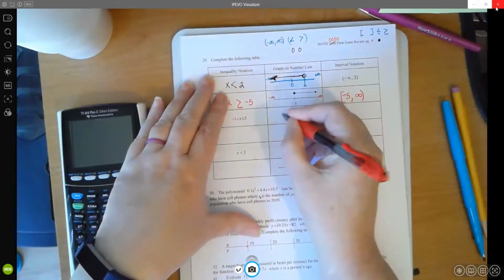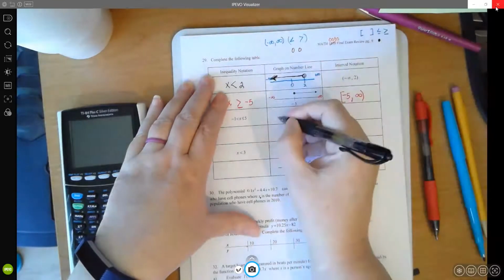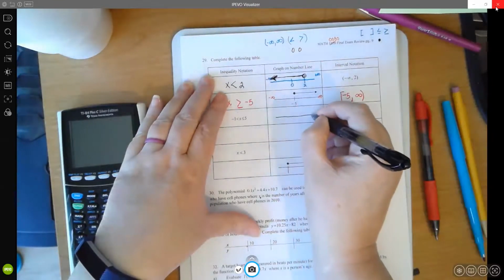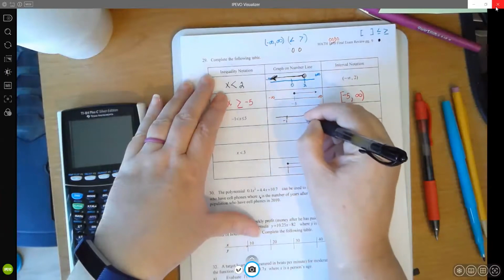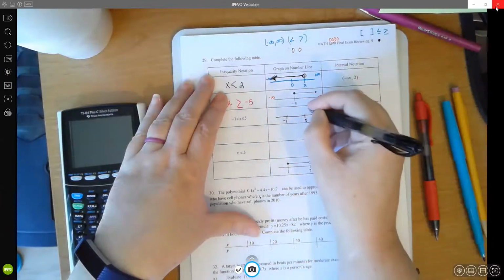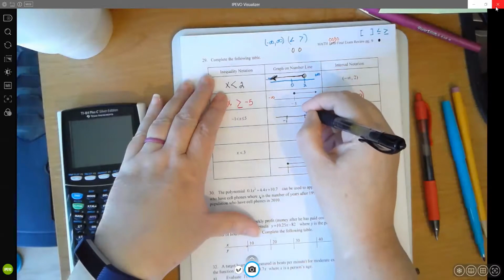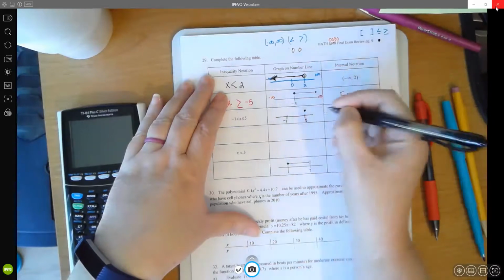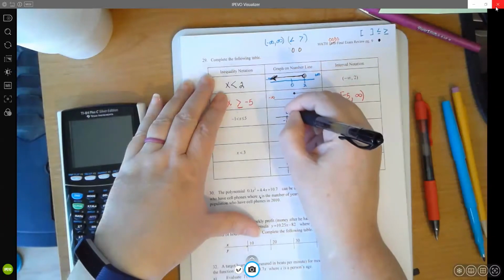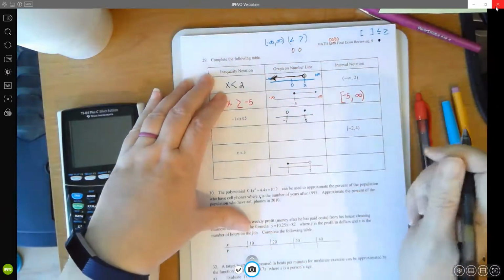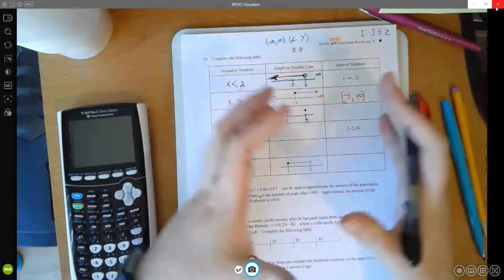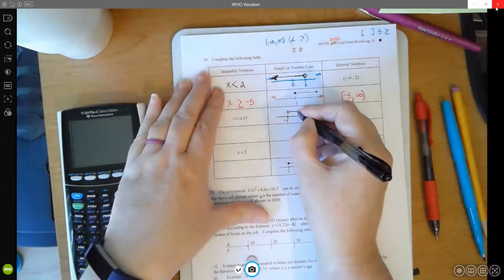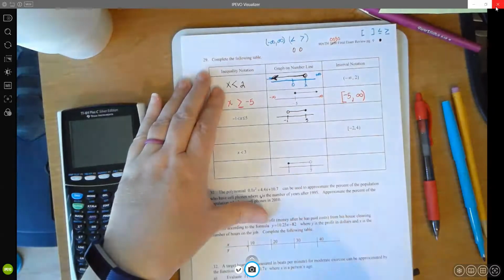So when I look at my number line, I want a -1 and a 5. And I know I'm going to have a dot above 5 because it has an equals to, a circle above -1 because it doesn't have an equals to, and my x's range in value between those two values.